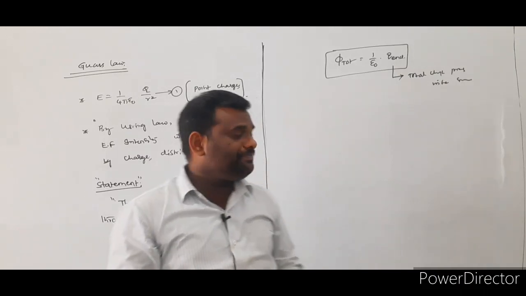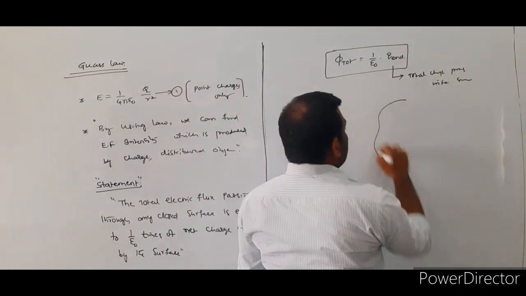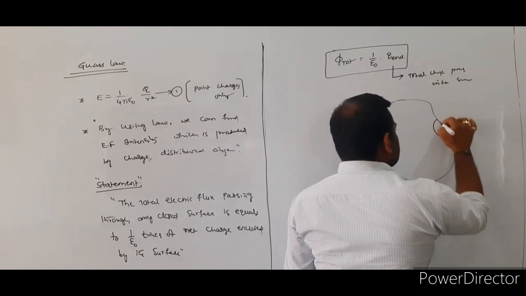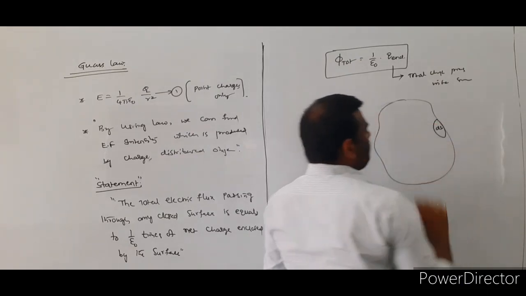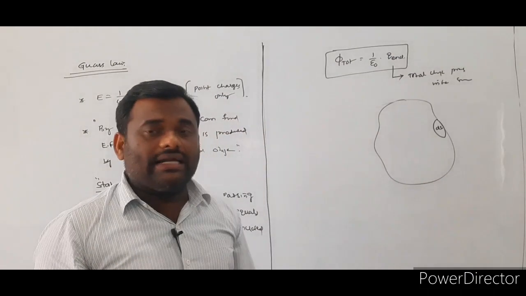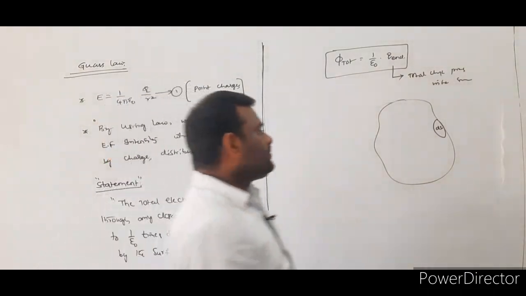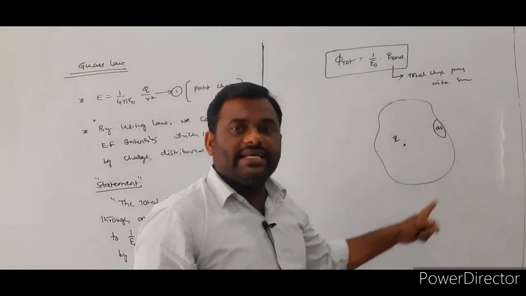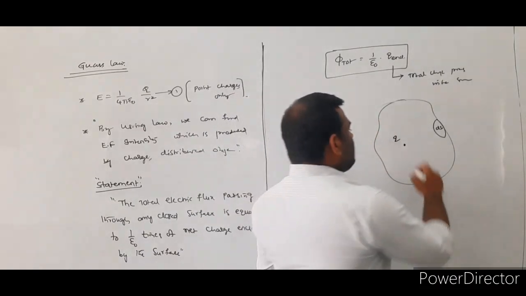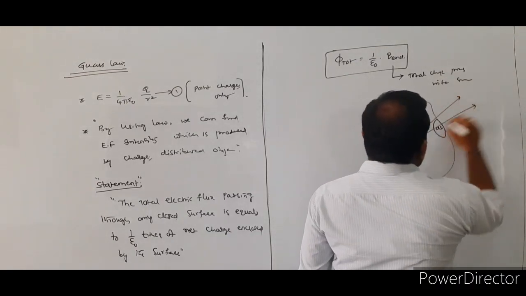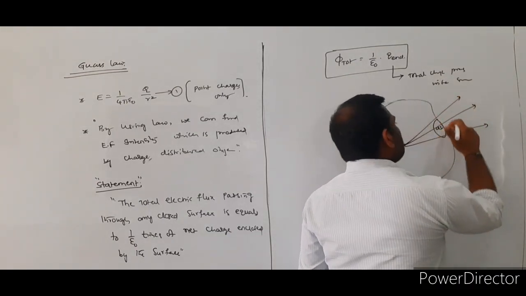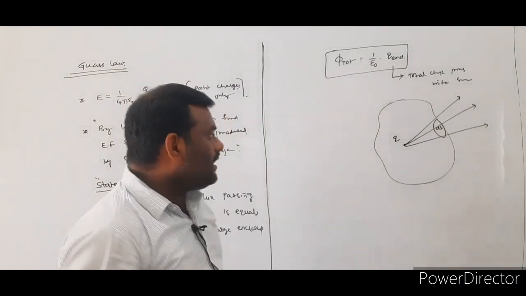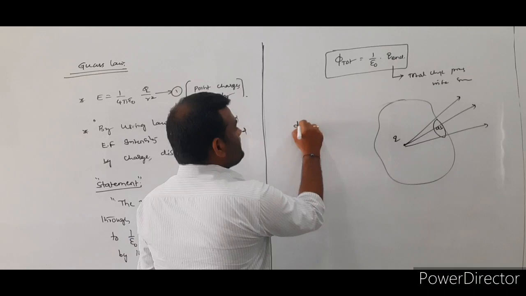Already we know that if you consider any one surface, in that surface I consider ds amount of area. If a q amount of charge is present inside the closed surface, the amount of flux which is passing through the smaller area will be considered as d phi.